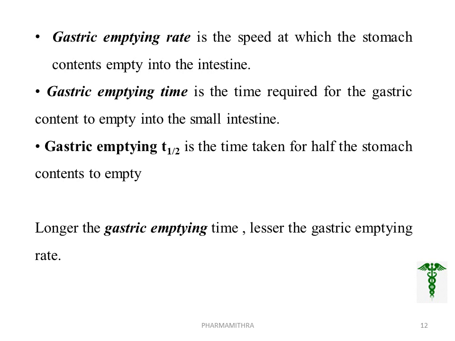Gastric emptying T half is the time taken for half the stomach contents to empty. Shortly, the longer the gastric emptying time, the more time is needed to empty the contents, and the lesser the gastric emptying rate.